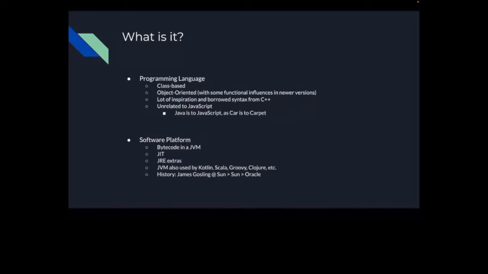And then a company called Oracle, which is a huge software company, bought Sun and acquired it. And now a lot of the development of the Java platform, Java libraries and the Java programming language is done through funding and by Oracle developers.